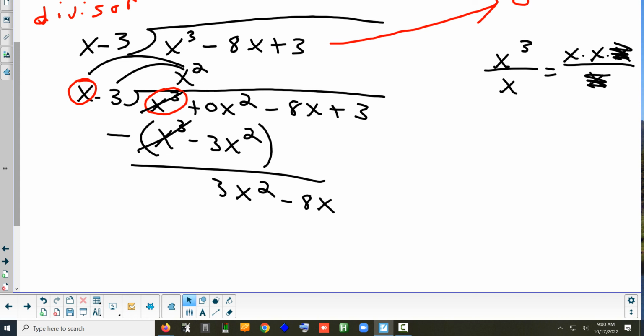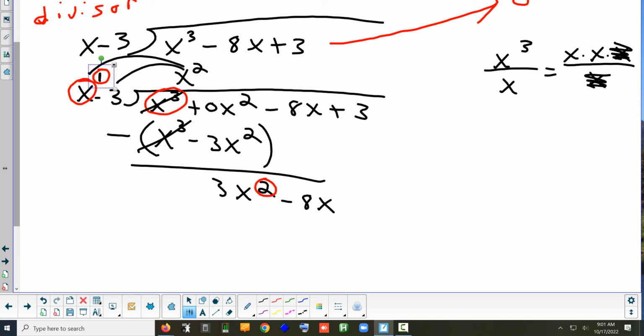So the question is, how do you know when you're done? How do you know when to stop? Well, one of 2 things is going to happen. You're either going to end up with a 0 right here, which means the remainder is 0, and then you're done. Or, look at the exponent here and compare it to the exponent there. When that number is smaller than that number, you're done. It started out with a 3, and that was a 1. Now it's 2, and that's a 1.